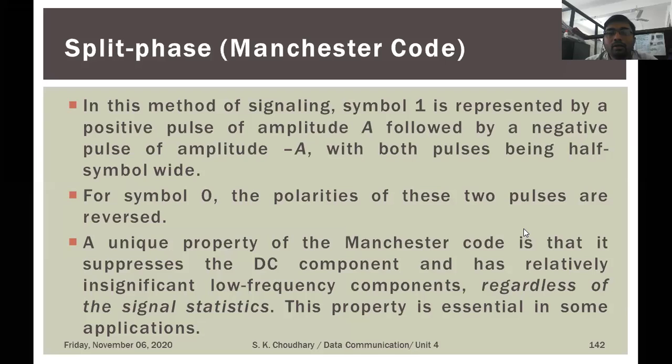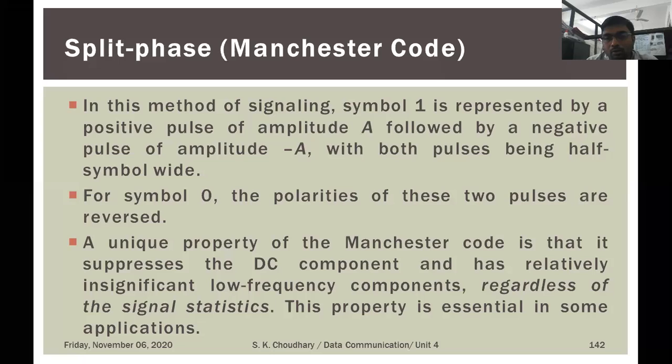Now come to another line coding method, split phase, also called Manchester coding. In this method of signaling, symbol 1 is represented by a positive pulse of amplitude A, followed by a negative pulse of amplitude minus A, for both pulses being half symbol wide.